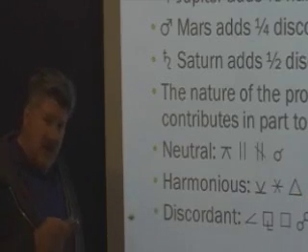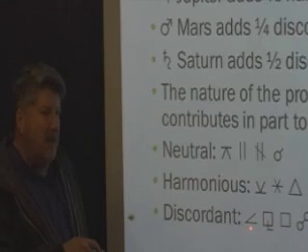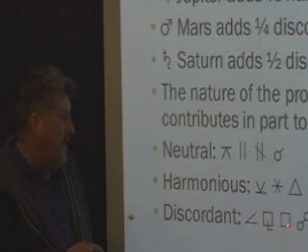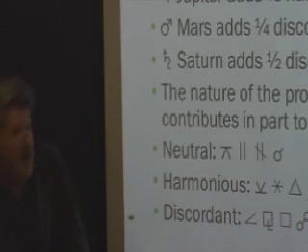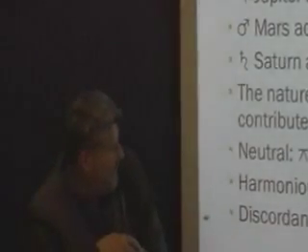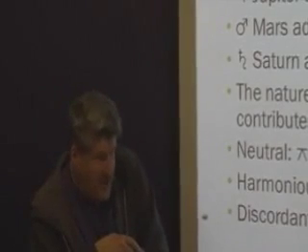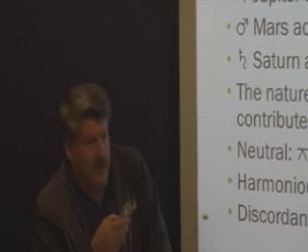And we have discordant aspects, from semi-square, sesqui-square, square, opposition, going from mild discord to moderate discord to great discord. So when we're looking at progressions, we want to know what type of aspect is involved, because this determines whether the event is going to bring friction, agitation, obstacles, or separations into the individual's life.